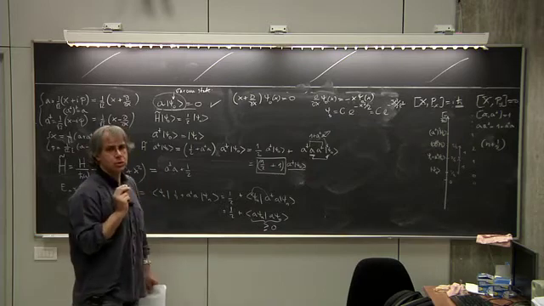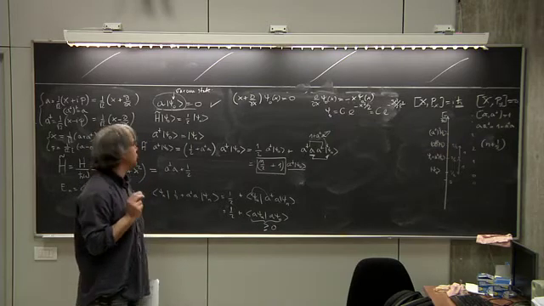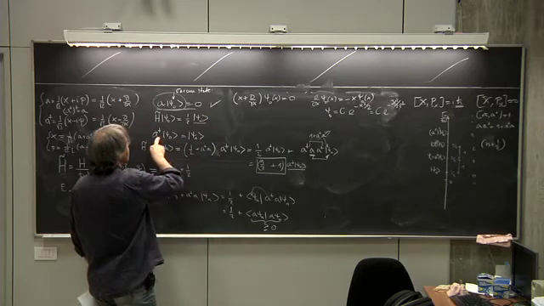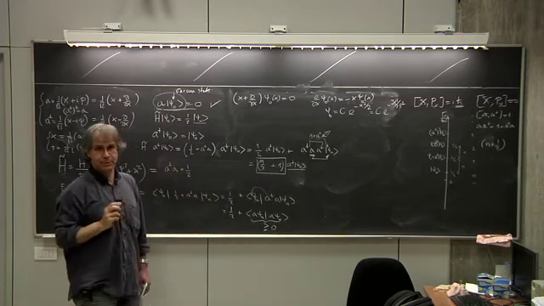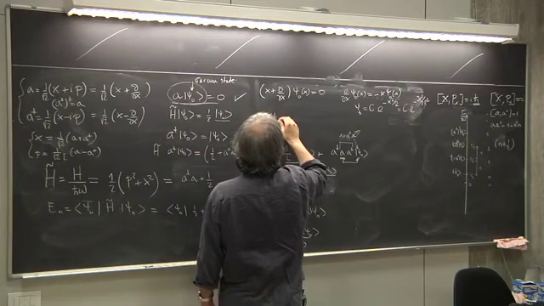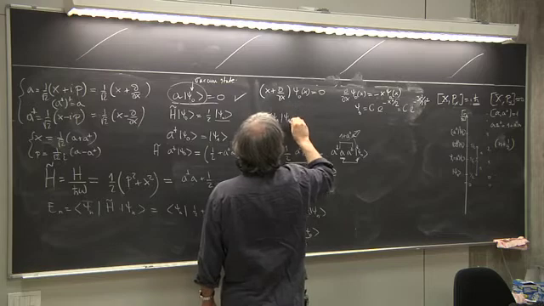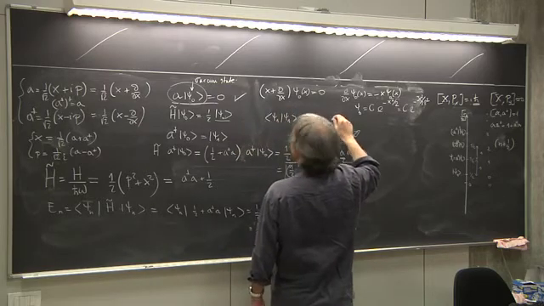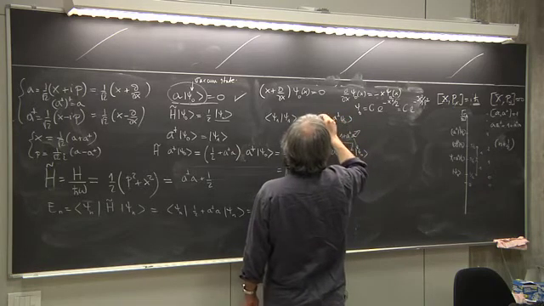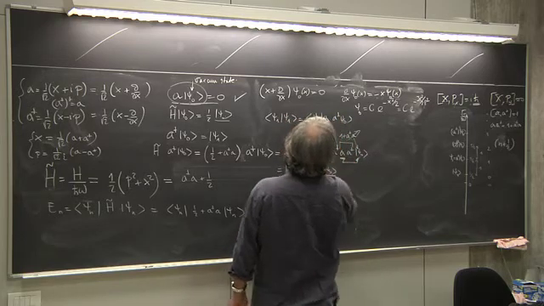By the way, I should talk to you a little bit about normalization. If psi 0 is normalized, you can verify that psi 1 is also normalized. This is very simple. Psi 1 is just A dagger psi 0 times psi 0 A, because when you bring it on the other side, you get this.